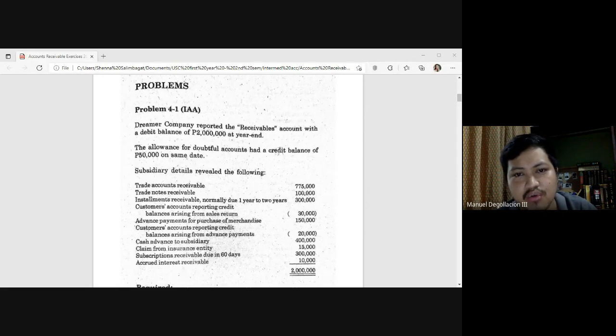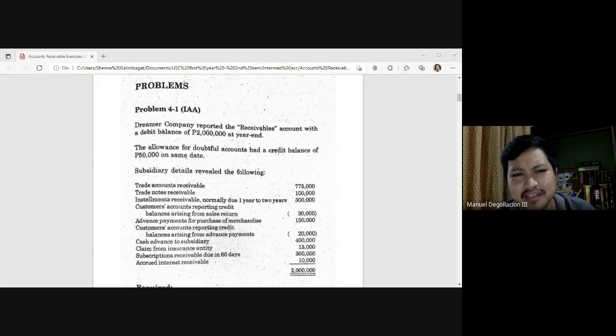There is no commercial document that evidences your accounts receivable. These simply arise from the regular conduct of your business transactions. Whereas your notes receivable will generally be evidenced by a commercial document, normally a promissory note. Either way, both of them will represent a right to collect.